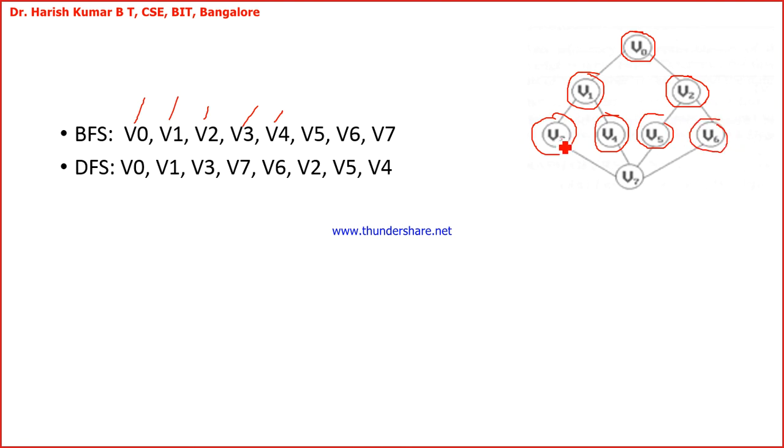So after visiting V3 and V4, I have to backtrack, come here, and then I should be visiting the breadth of V2. So V5 and V6, and finally V7. So you will get the same thing when you do this by writing the queue. Hope you people understood?